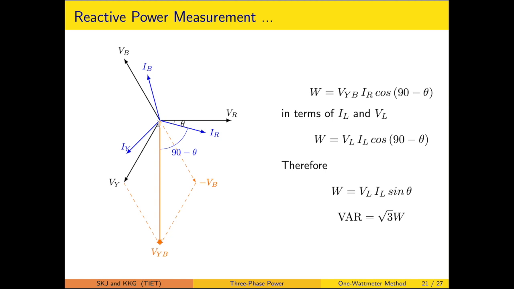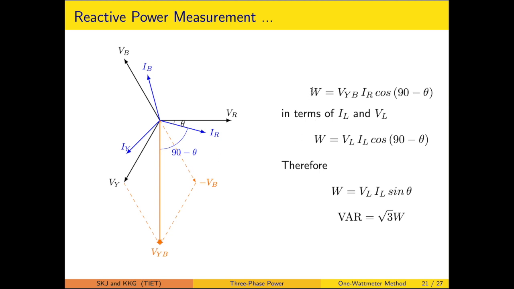To calculate VYB, you have to mark a negative voltage phasor, minus VB. Once that is drawn, VY and minus VB are added by the law of parallelogram, and it comes out like this. During this situation, the angle is coming out to be 90 minus theta degrees.